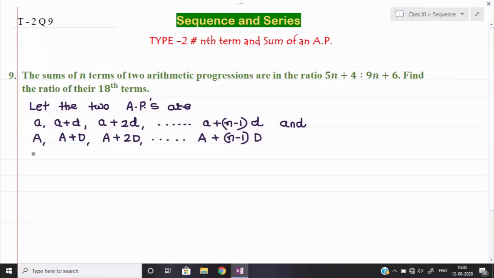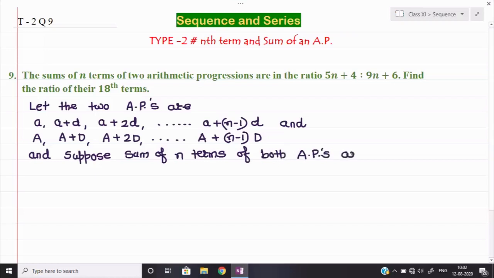So we can suppose the sums of n terms of both APs are, let us say, small s n and capital S n.